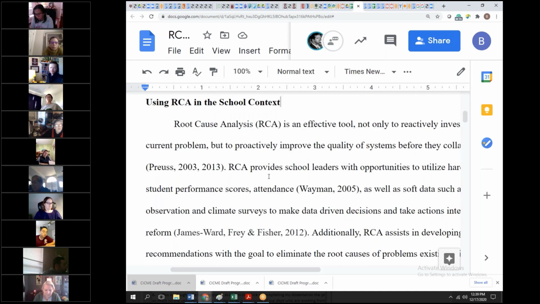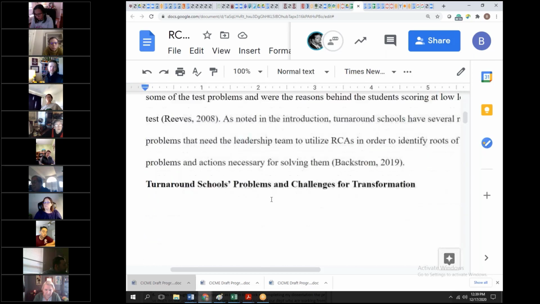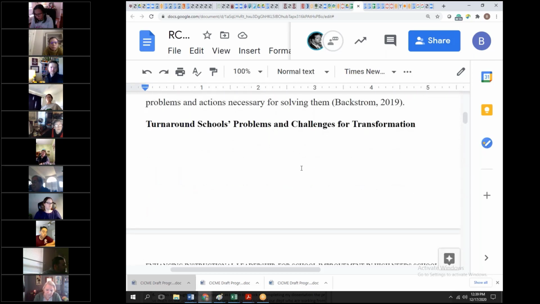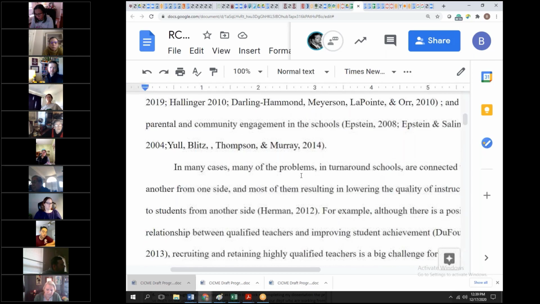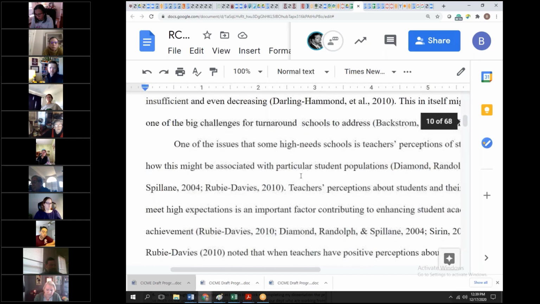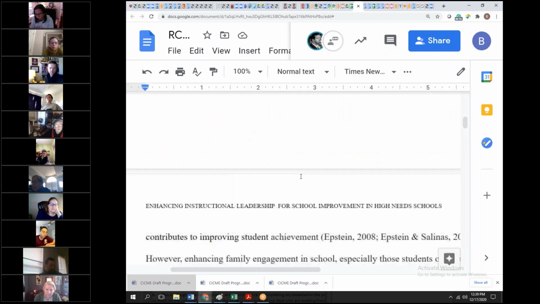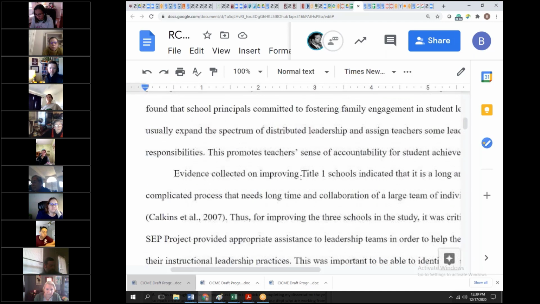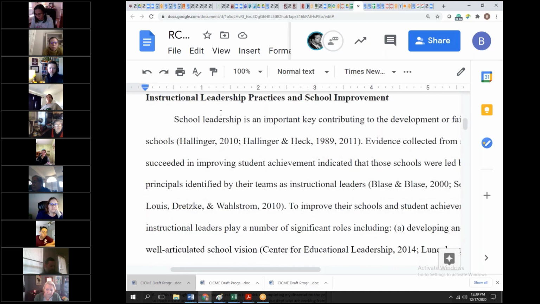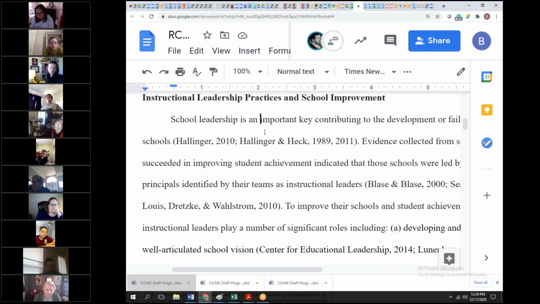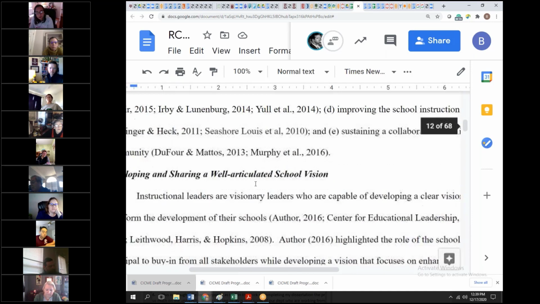But we do have to have some things also on RCA and school context. We have to have something on turnaround problems and challenges. We do have to have that as well. So we will be making a few corrections up there, but we will be talking about that. Then we talk about instructional practices and school improvement, which are 2 of the domains. And then we keep working on that.